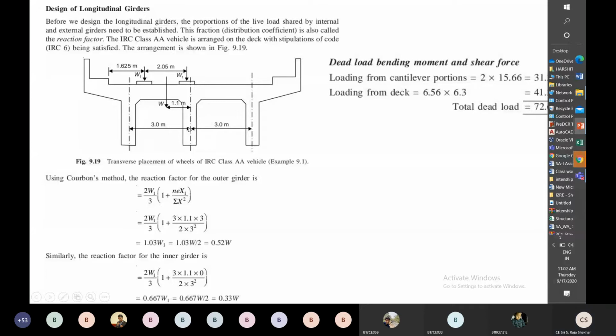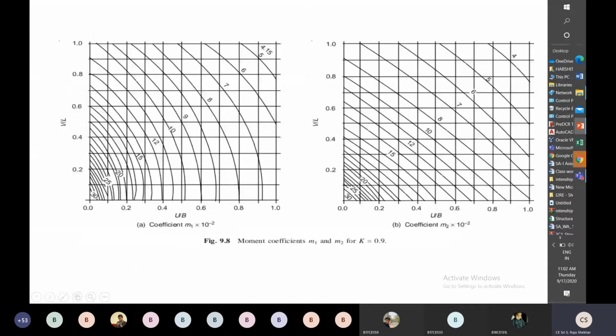For the calculation of support reaction, Courbon gave one formula. Support reaction at A is equal to the total load coming onto the girder, W by N, where the number of girders is 3. W by N into 1 plus N e x by sigma x square. We have already seen this formula. Once again, I'll show you the same formula.